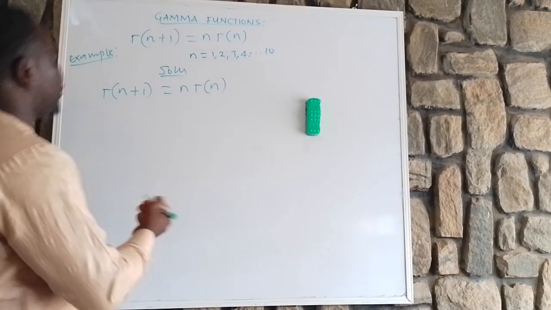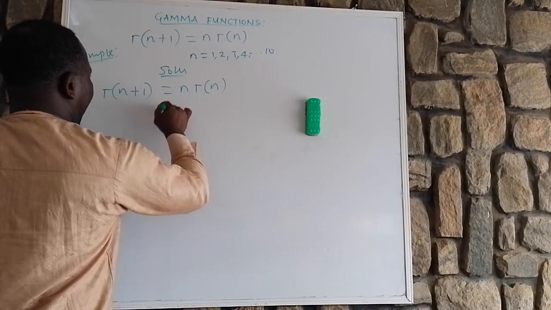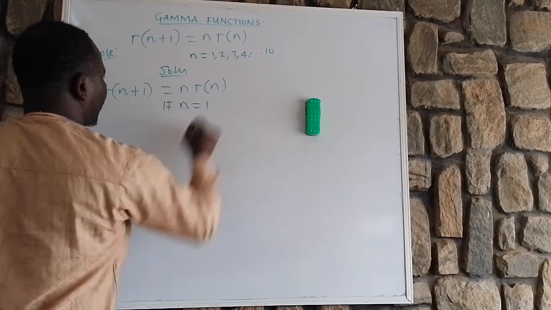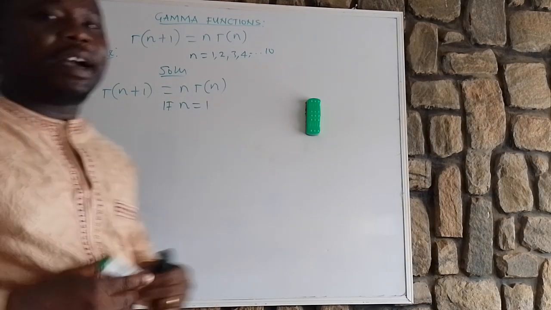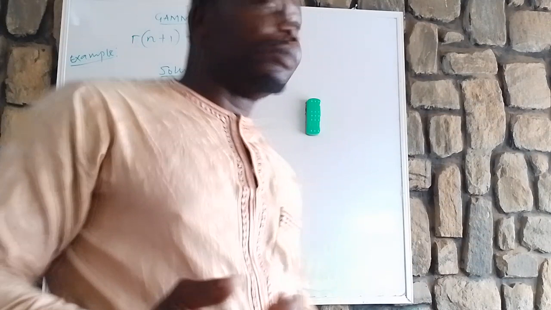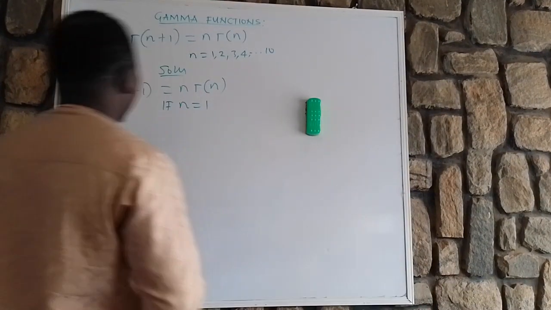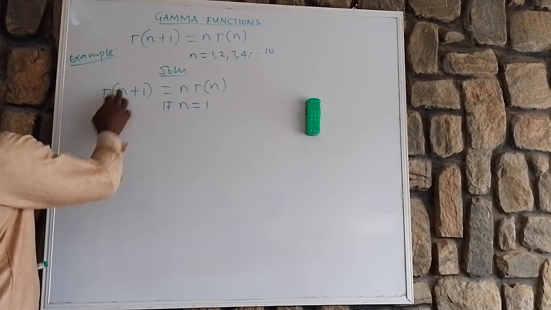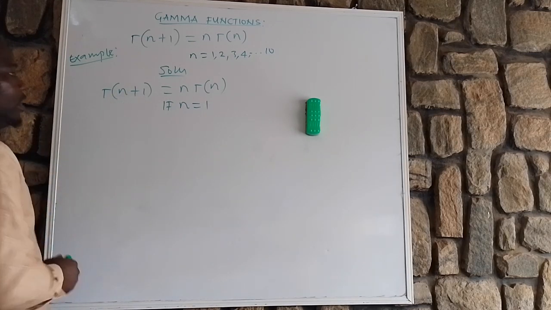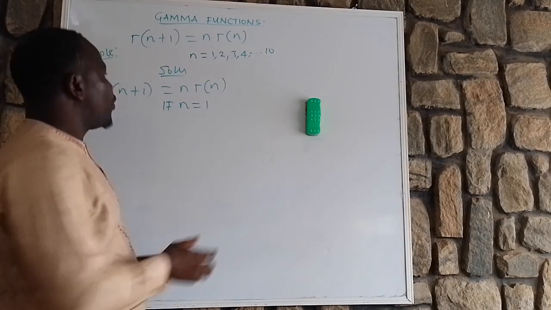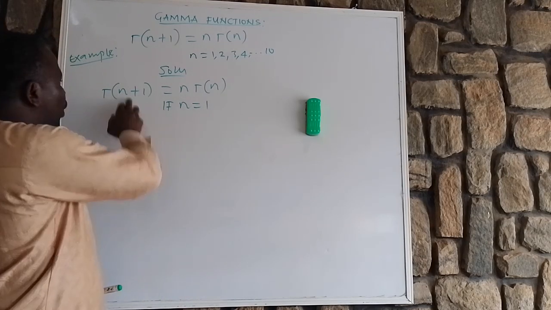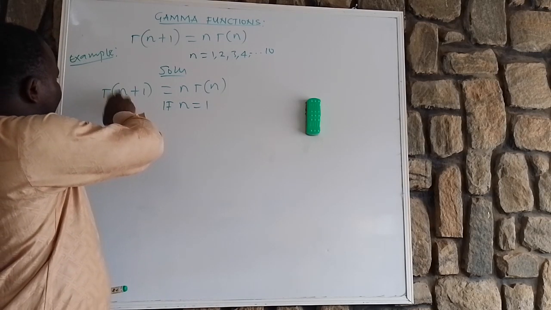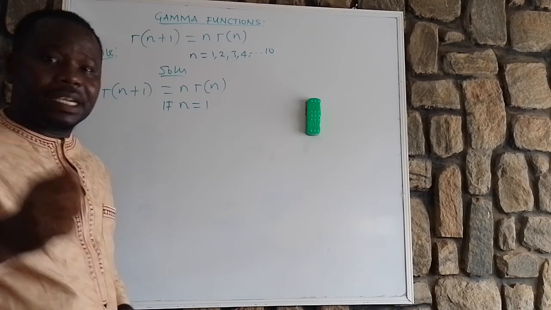So let us assume if our n is equals to 1, what will be our gamma function? Okay. Now, if n is equals to 1, look at the left hand side. We have gamma of n plus 1. So it implies that we are going to substitute in 1 anywhere we see n. Is that clear?